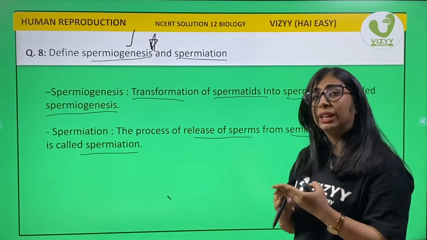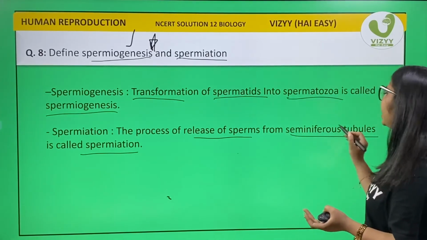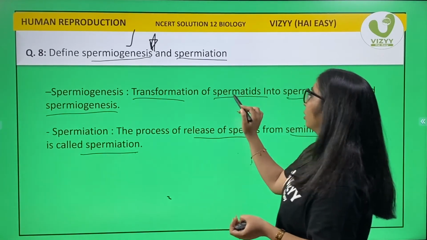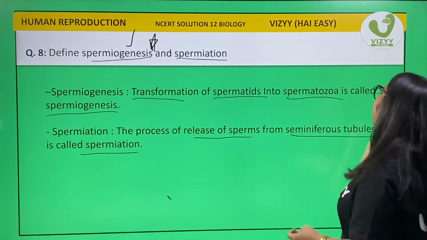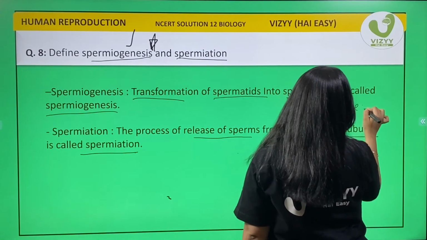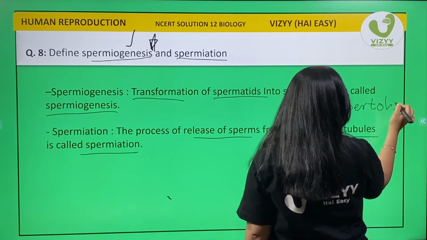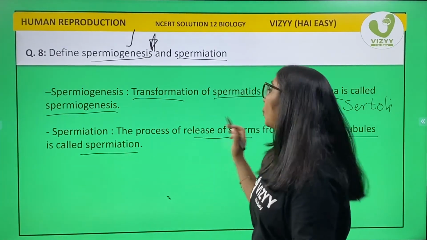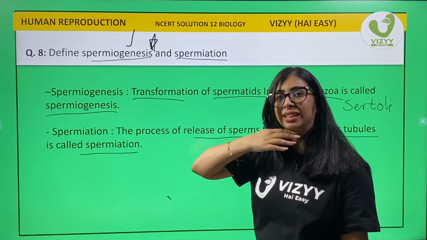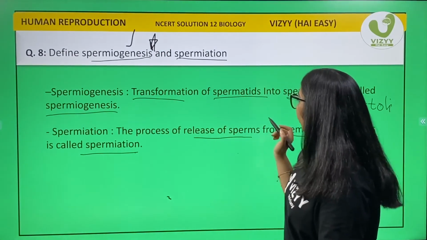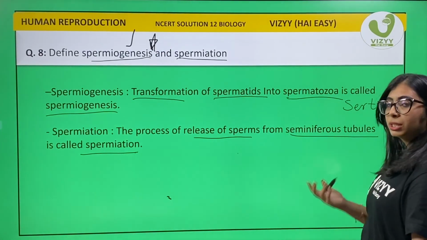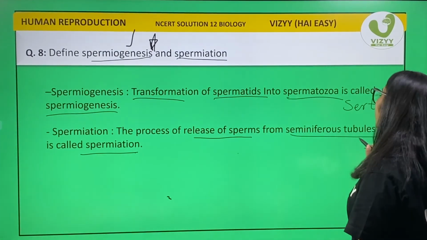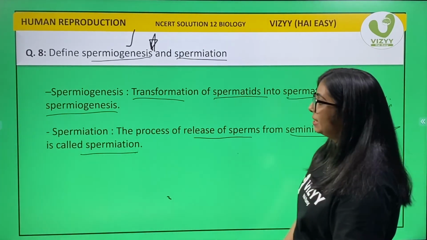Spermatogenesis occurs inside Sertoli cells, whereas this is the process where mature sperm will be released from the seminiferous tubule. So, the process of release of sperm from seminiferous tubule is known as spermiation.